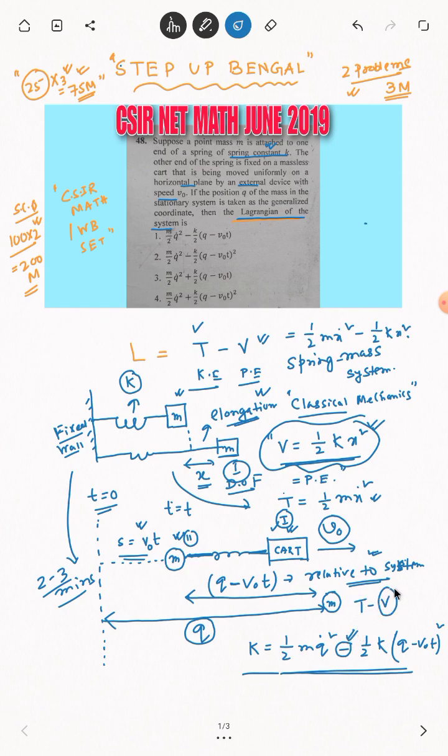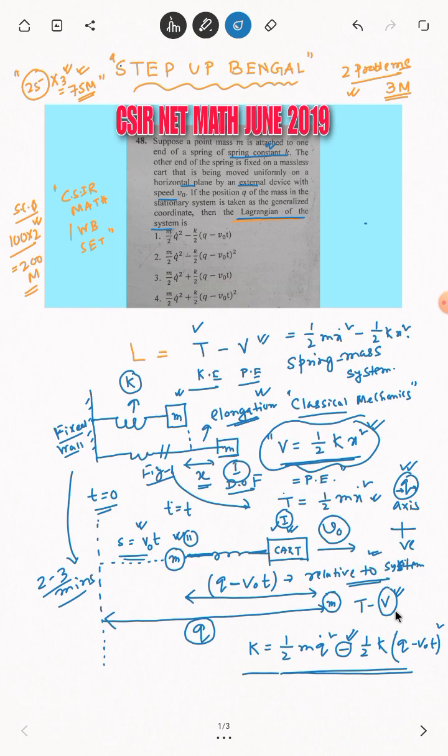Potential energy is always at a positive level, that means along the positive x-axis. Say the positive x-axis is our q; we can consider q as displacement along the x-axis. So this is very similar to this figure 1 system.